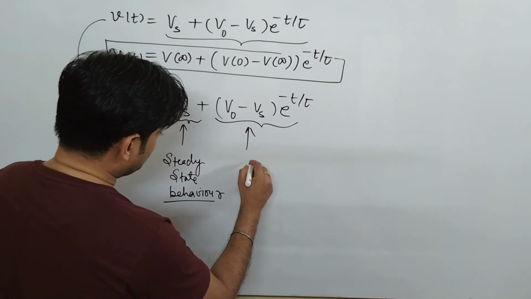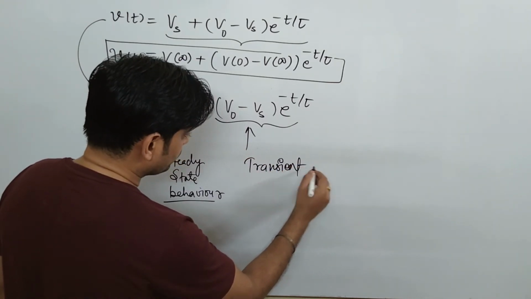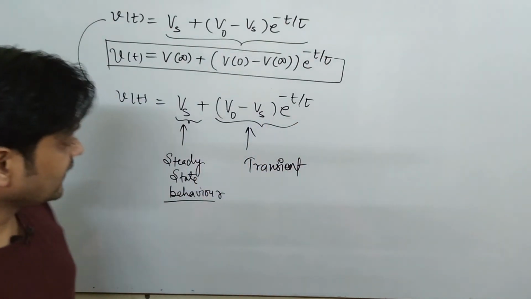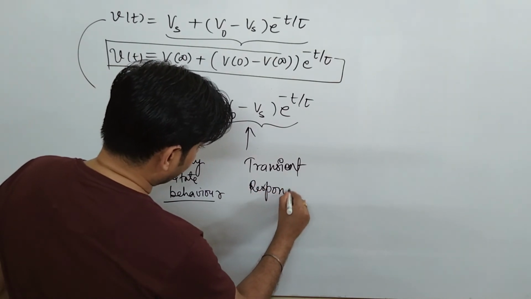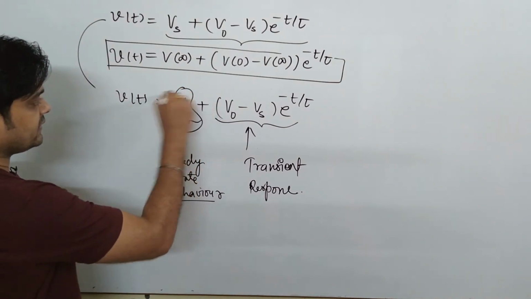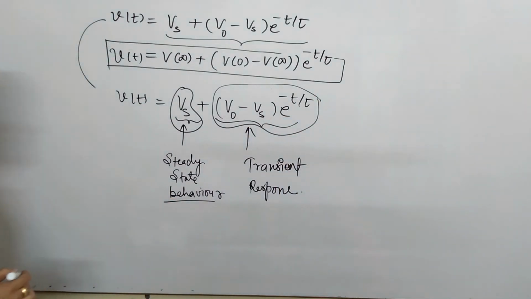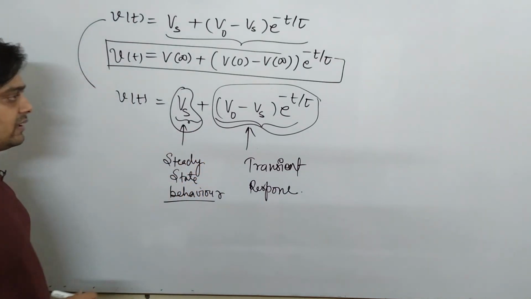And this you can say is a transient response. So this is referred to as the steady state response of the network, and this you can refer to as transient response. Why? Because this response varies with time and this will remain as it is in the network.